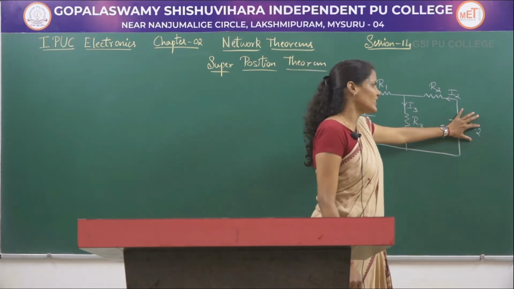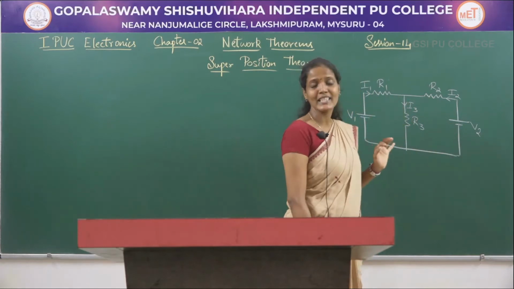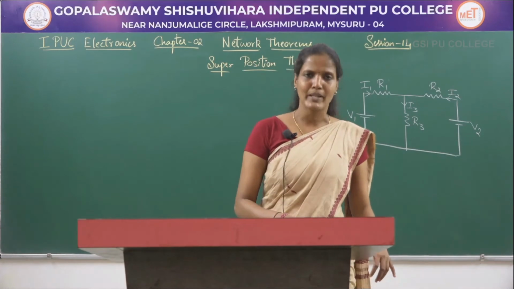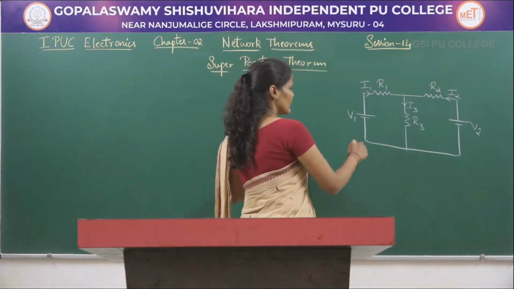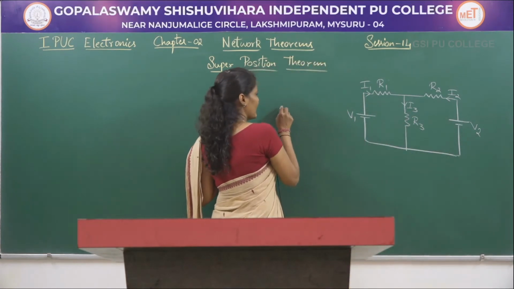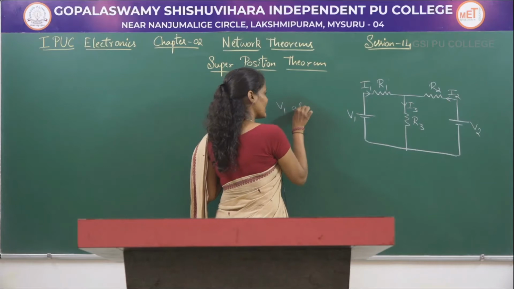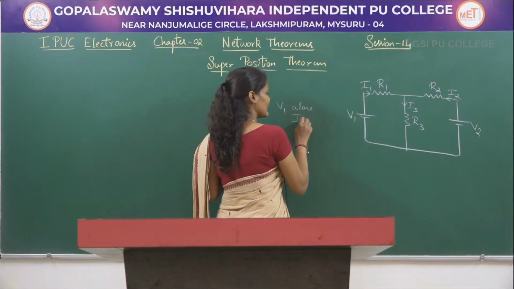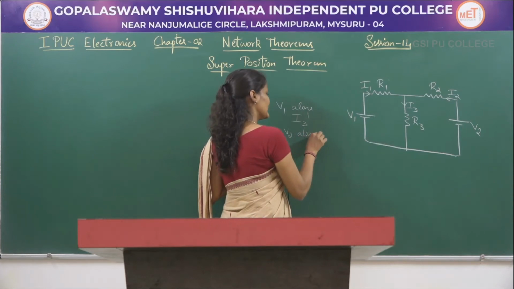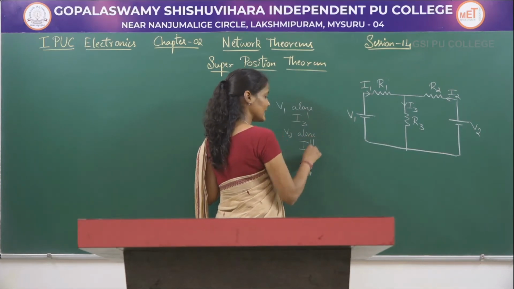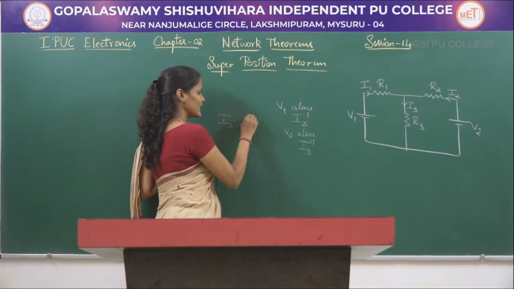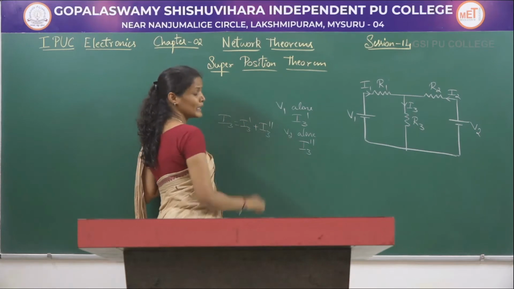In the second case, we are going to consider only V2, eliminating this V1. So according to this particular statement, if I call the total current I3, and when V1 alone is acting let me denote the current as I3 dash, and when V2 alone is acting let me call the current I3 double dash, then the total current I3 will be equal to I3 dash plus I3 double dash.